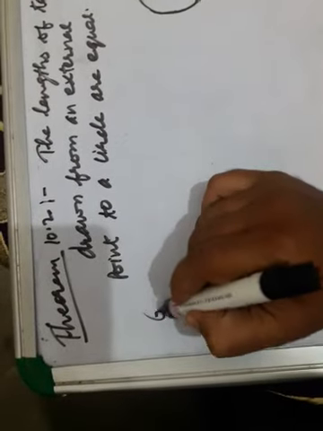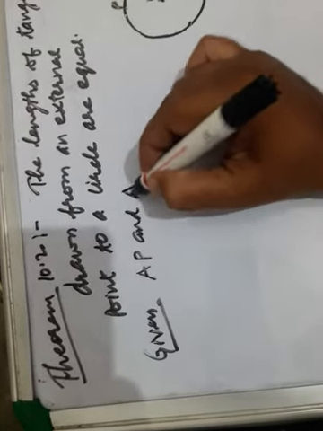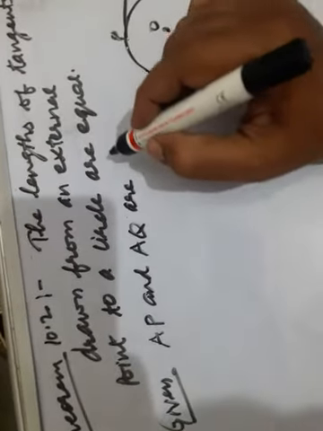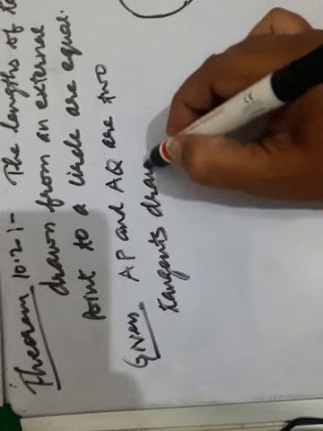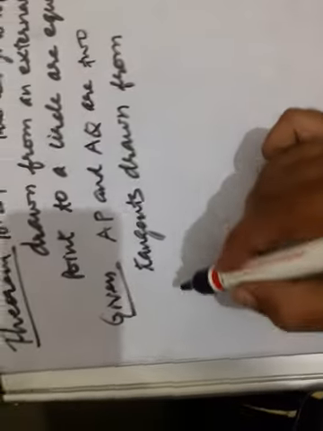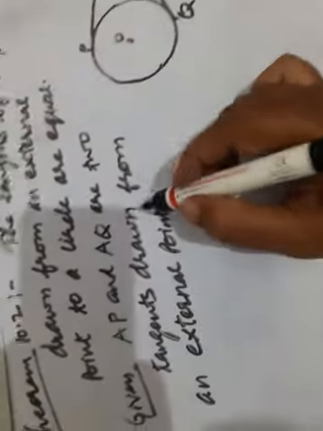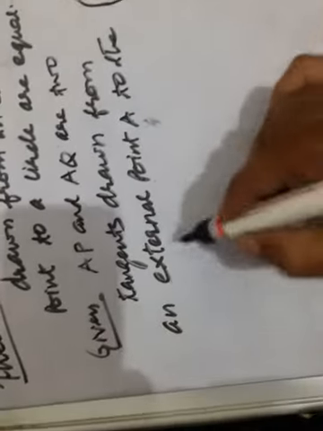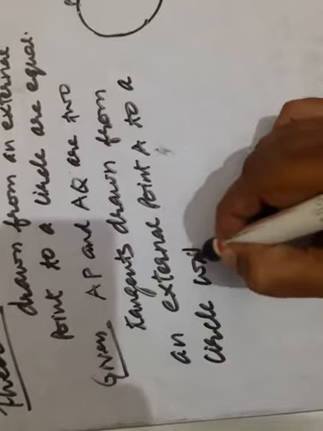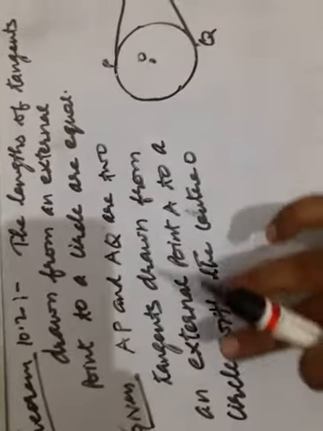Okay. Let us see what is given. Given: AP and AQ are two tangents drawn from an external point A to a circle with center O. Okay, children, see pictorially you can tally it.